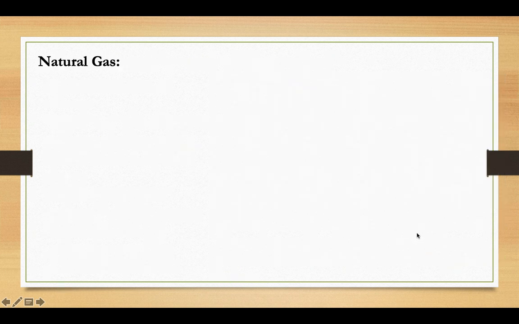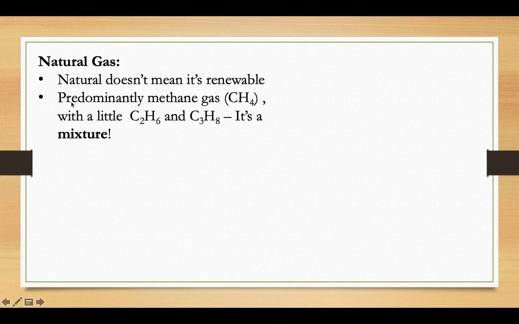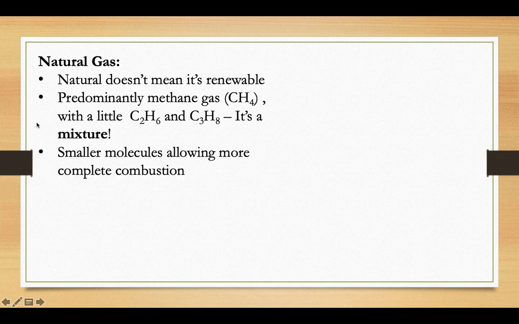For natural gas, first of all, remember they are called natural, but it does not mean that they are renewable. Natural gas is not renewable energy. It is predominantly methane gas with a little bit of ethane and propane, so it is a mixture, not a pure substance.